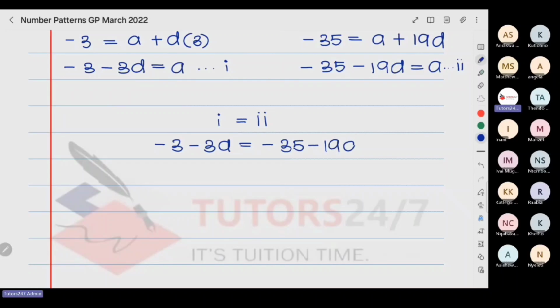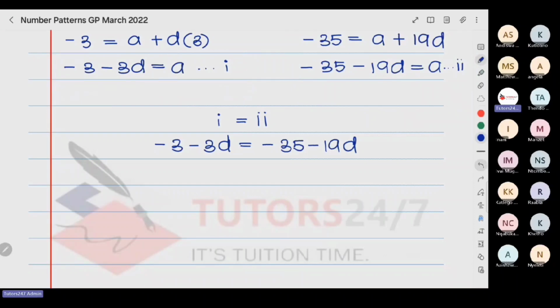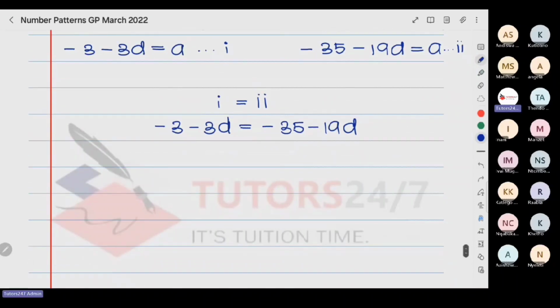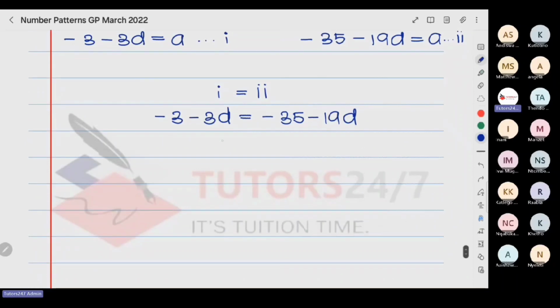All we now need to do is solve for D. We need to find the constant difference. Once we find the constant difference, we will then be able to solve for A because we can substitute D back into either equation 1 or equation 2. So from here, we'll move everything that has D to the left, everything that is a constant to the right.